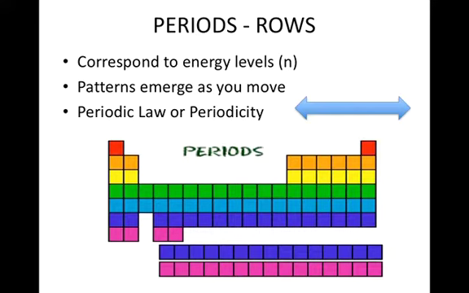These patterns or trends are called periodicity, or they adhere to what's called the periodic law. Just patterns and trends that we notice either as we move top to bottom or left to right across the periodic table.